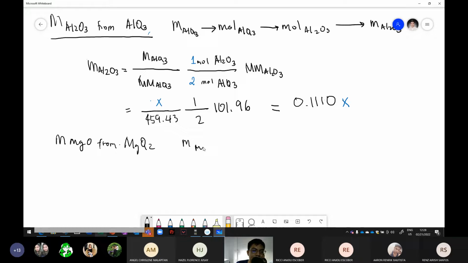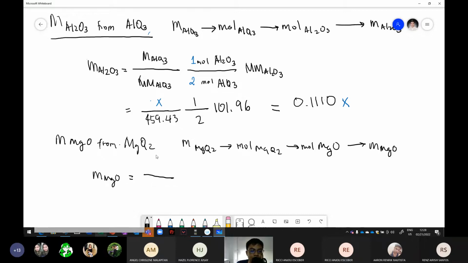So same process: mass of magnesium quinoline, mole of magnesium quinoline, then mole of magnesium oxide, and then eventually mass of magnesium oxide. Okay, just write the equation just like earlier.